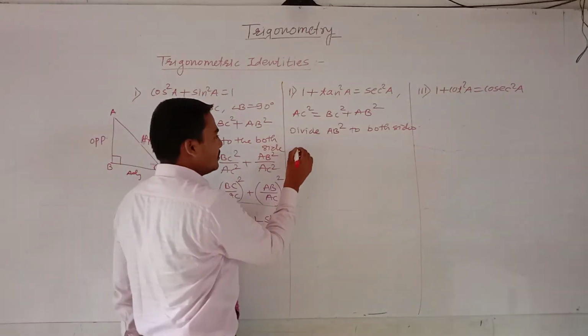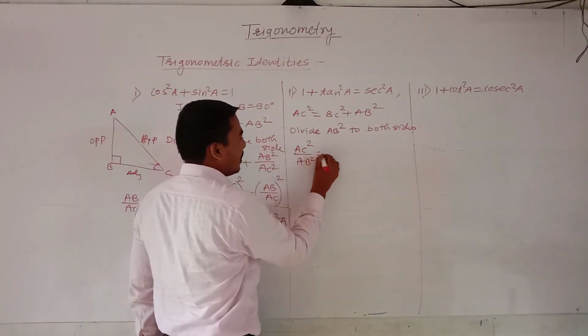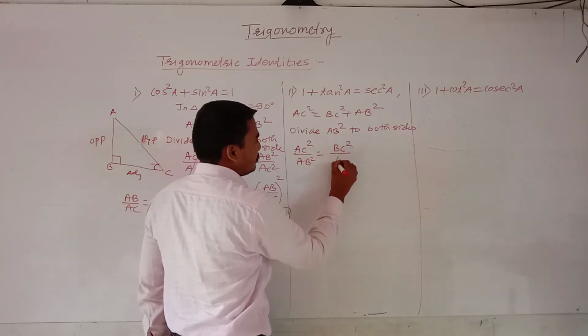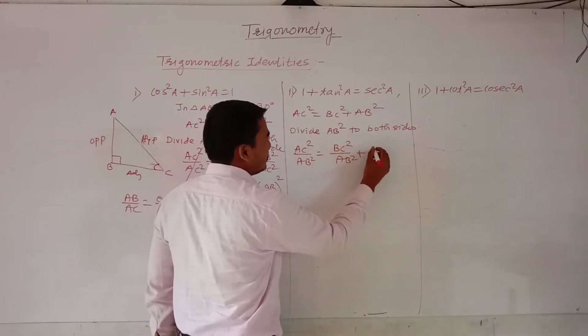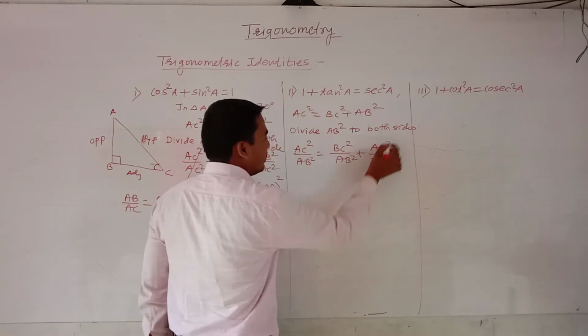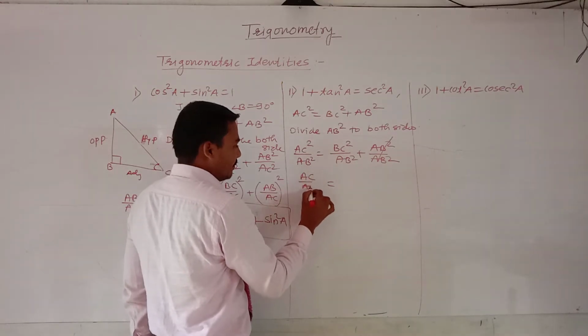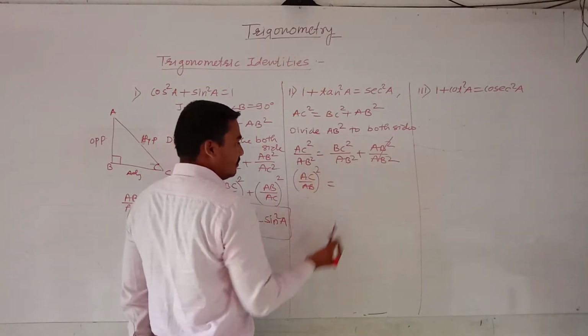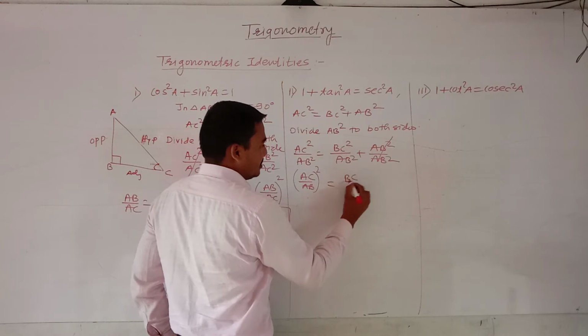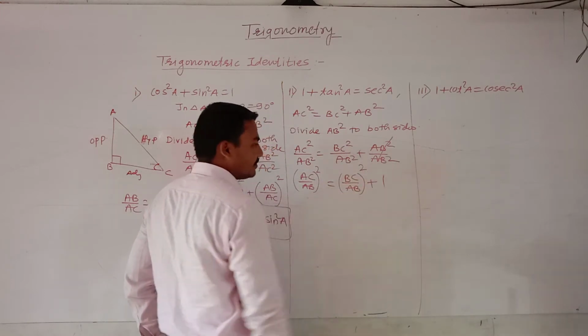So it becomes AC square by AB square equals BC square by AB square plus AB square by AB square. It gets cancelled. Here AC by AB, here BC by AB, plus 1.